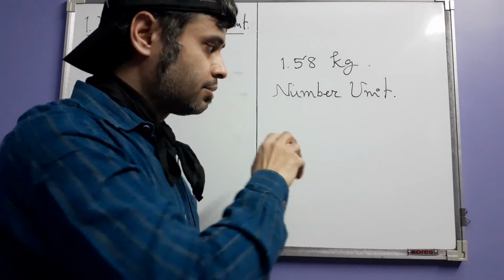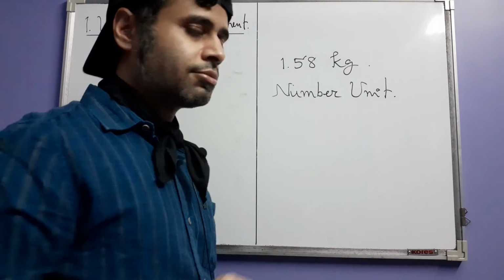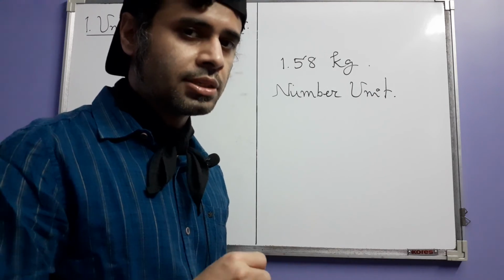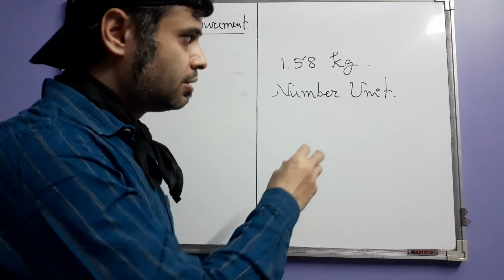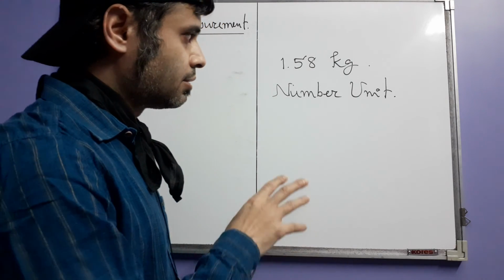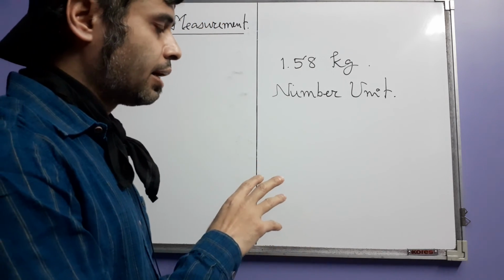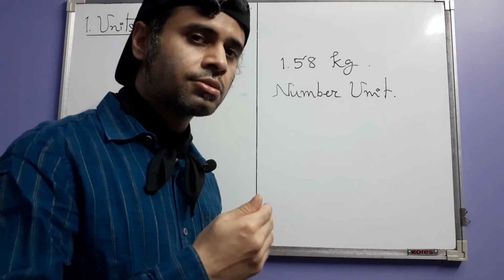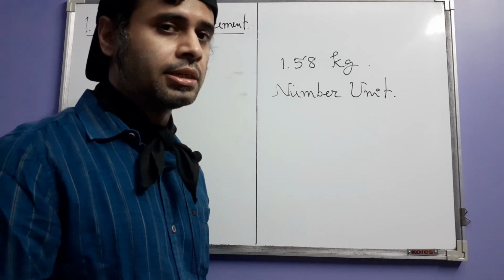Now, there are many physical quantities. There is a large number of physical quantities. So, do you need a unit for each one of them? Yes, you need. But the job is made easy by identifying some base or fundamental physical quantities.